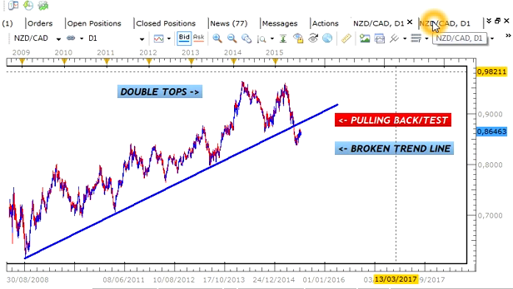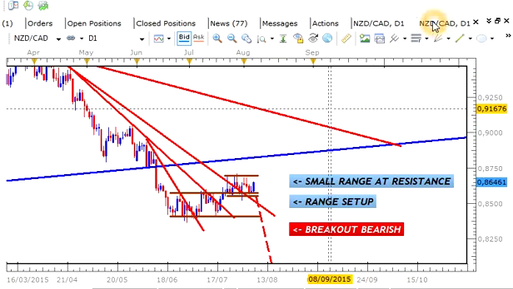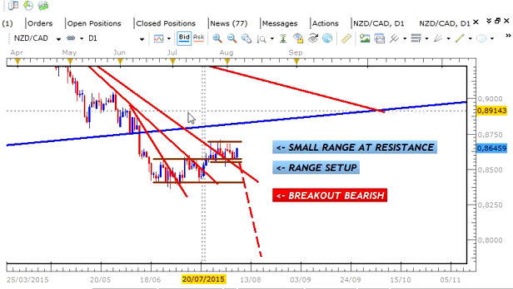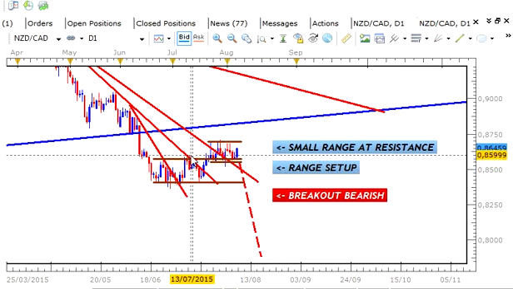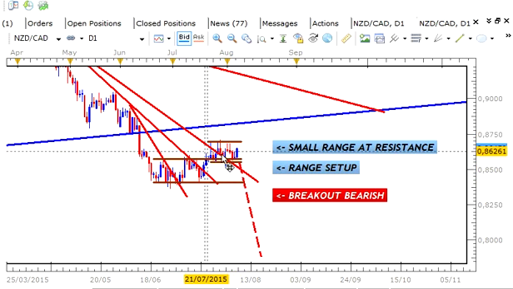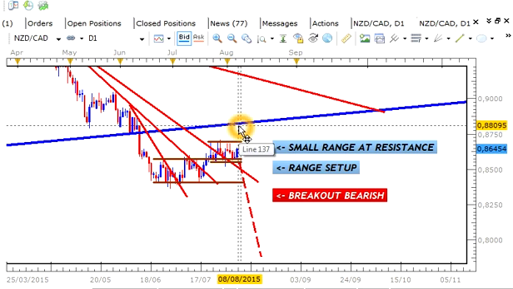So let's take a quick look at the closer situation that has formed on this time frame. Here we can see that a small range setup has been formed, as well as an even smaller one above the resistance area here below this uptrend line.